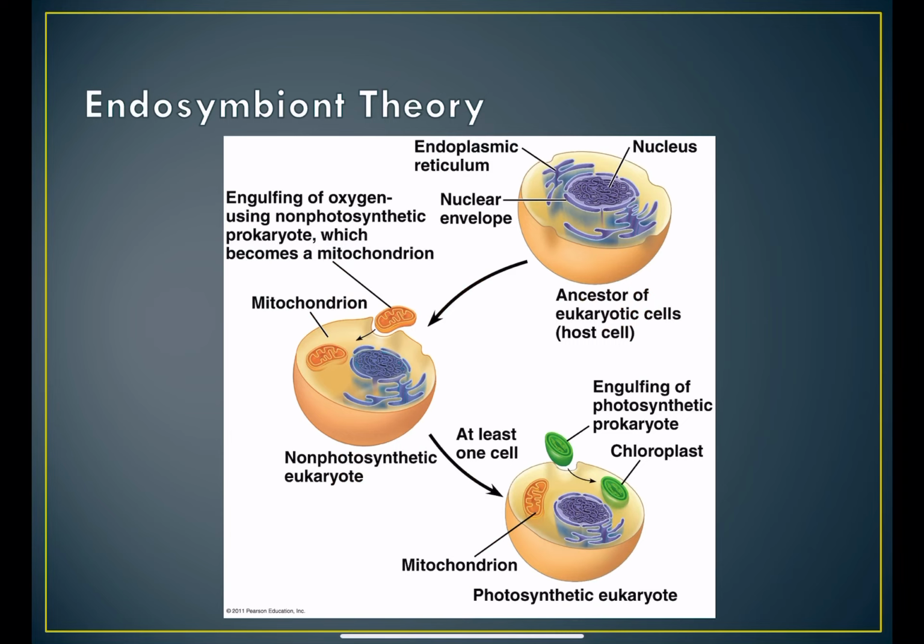So we know prokaryotic cells are the older cells that would have been the first cells. And so how did we get these eukaryotic cells? And so that's what the endosymbiont theory kind of describes. And so we have this cell that's an ancestor of the eukaryotic cell.